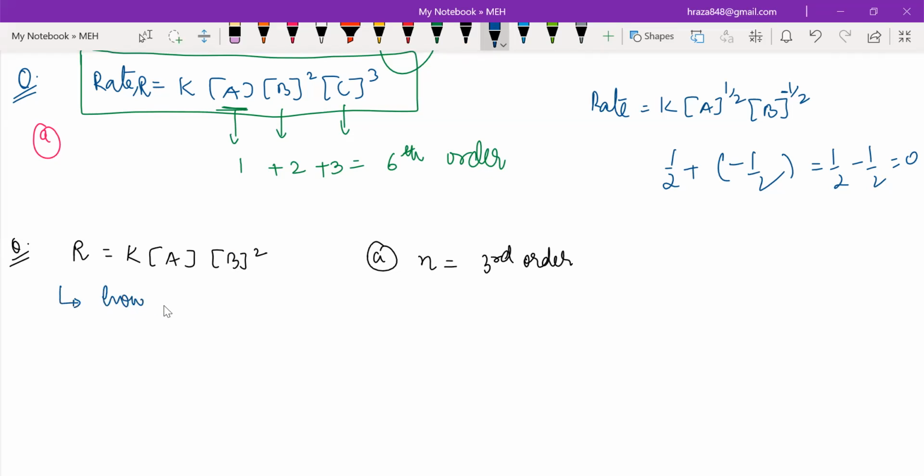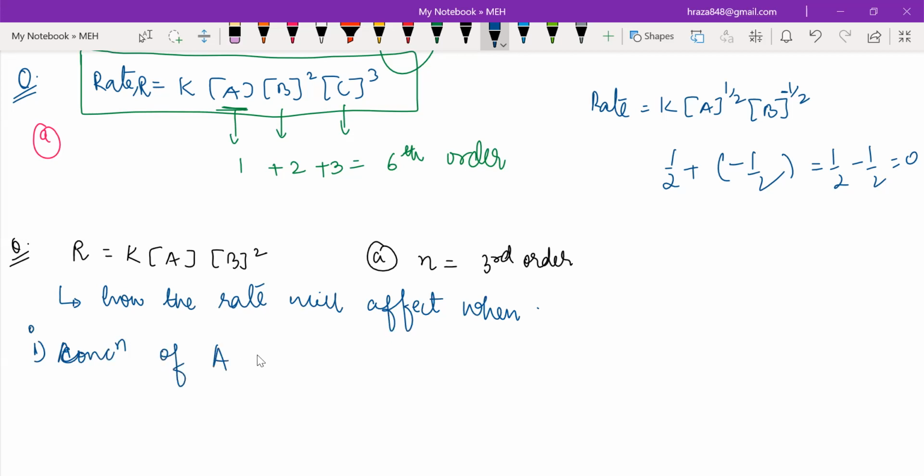Now it is given, how will the rate be affected when the concentration of A is doubled? Concentration of A is double. Can you solve this? I have given you this question in your class.